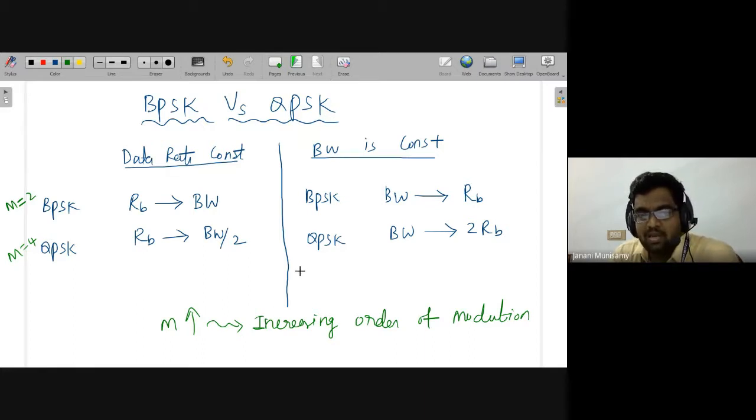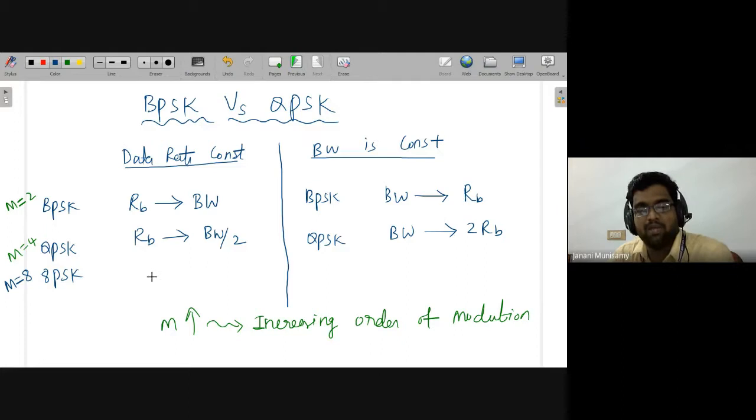Then what is the other problem we have observed, or maybe in future we will observe? It may not be evident now because for BPSK and QPSK the probability of error may be the same, since the d minimum distance between the symbols may be the same. But what happens once you go for an 8 PSK system, where M is equal to 8?